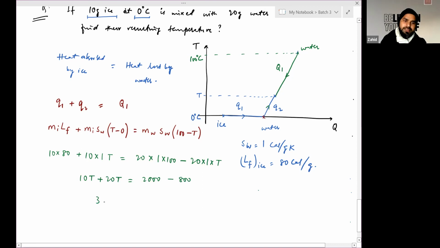So 10 plus 20, 30T, equals 2000 minus 800, which is 1200. So T equals 1200 divided by 30. Zero and zero cancel out, 3 fours are 12, so 40 degrees Celsius.